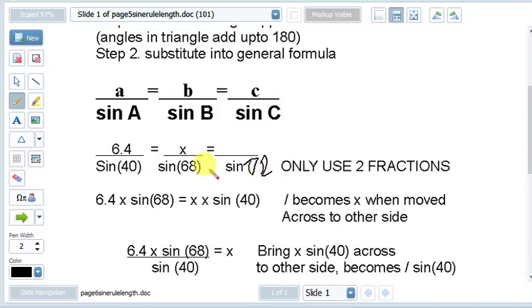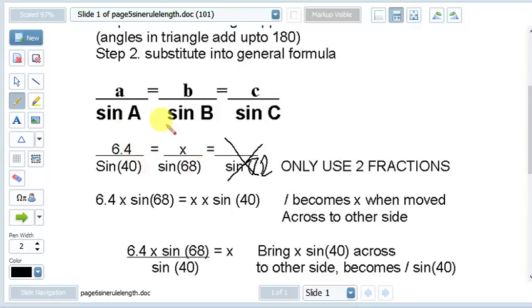Now, you can still see that in these first two fractions here, 6.4 and 40, what you're after in the sine rule is a complete fraction with no unknowns in. And the c, we don't know anything about the length of c. So again, c we get rid of.